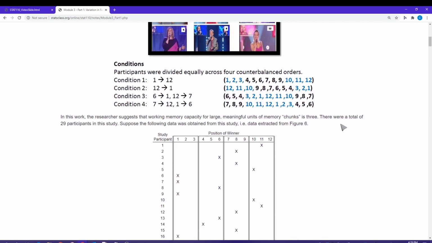There were 4 different conditions that they used in determining the order in which the individuals that were doing the judging viewed the contestants. So condition 1 was the people that were doing the judging just viewed them in order from 1 to 12. Condition number 2 was that they were viewed in the opposite order.